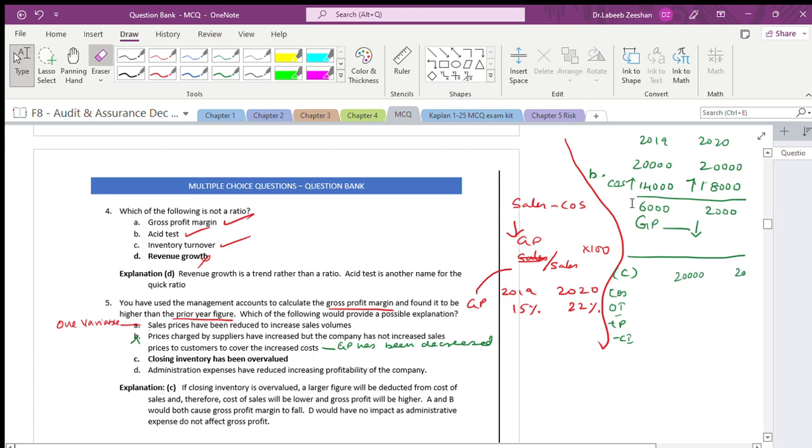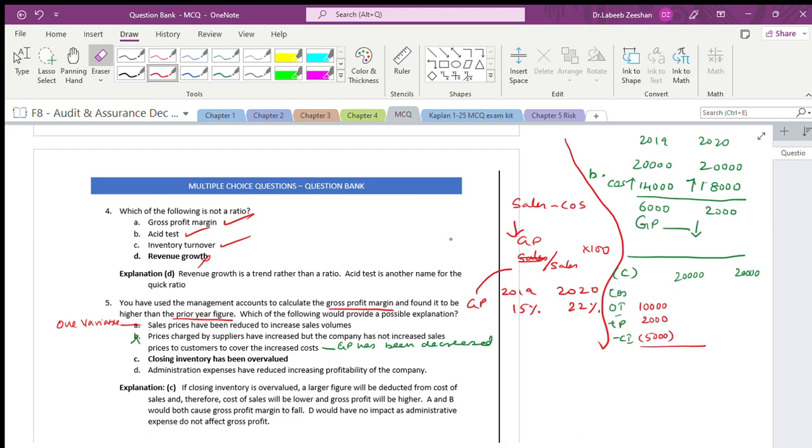Opening inventory is 10,000, purchases is 2,000, closing inventory is 5,000. 12 minus 5, cost of sales is 7,000. Gross profit is 13,000.